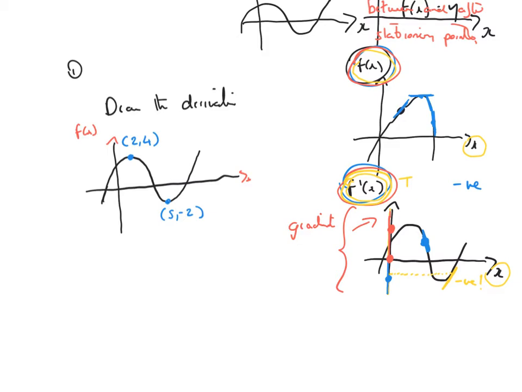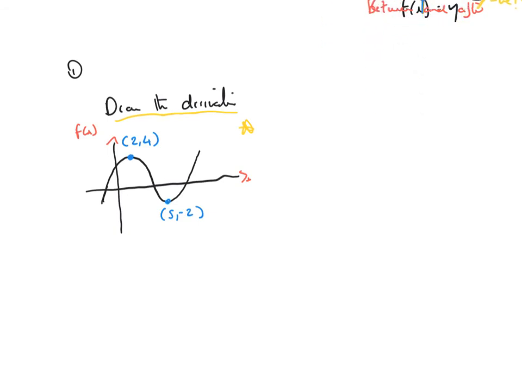So what we're going to do now is we're going to draw the derivative for example 1, so let's have that in front of us. Okay, what was that note again? That note was we inspect before, at, between and after stationary points. Okay, so what we're going to do is create a table of x coordinates and a table of gradient. Now we're going to look before, at, between and after stationary points.